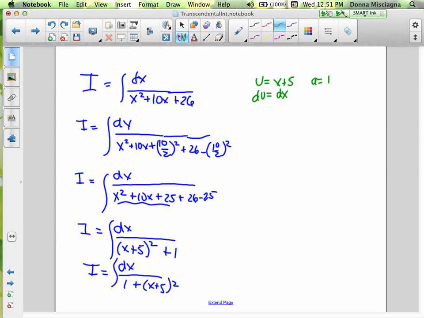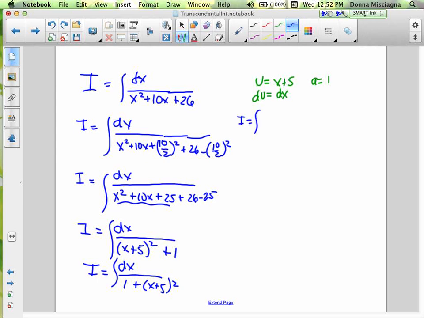But we're not going to need the 1 over a, because 1 over 1 is 1. So the integral is going to be just arctan without the 1 over a. And then we will have u. Let's do the u-substitution, and then we'll integrate. Sorry, we didn't do that yet. I'm getting ahead of myself.